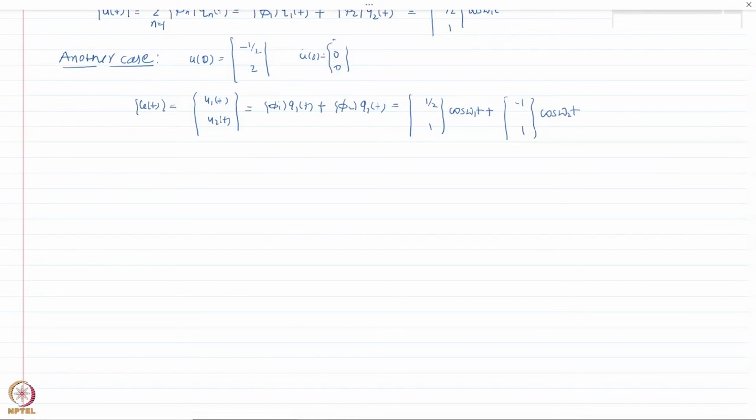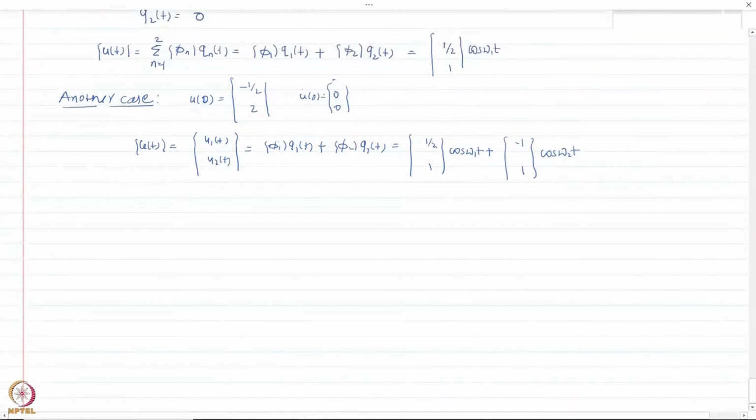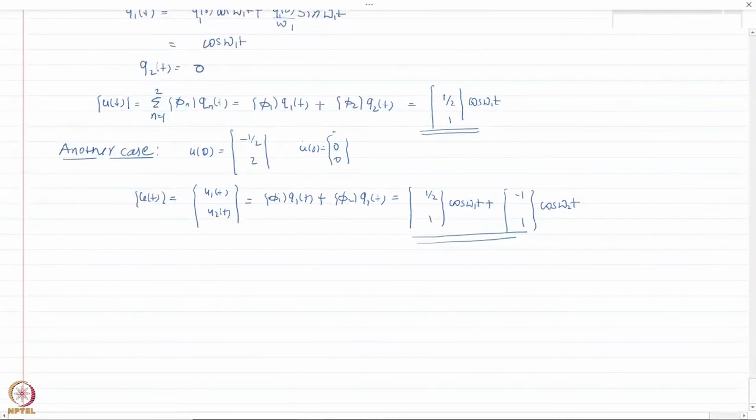Now the reason we did the two cases, I wanted to show you something. Have a look at the response here and the response here. What can you tell me about these responses? The response for the first one is actually a harmonic motion at each degree of freedom, right? Because it is a cos omega t type function.